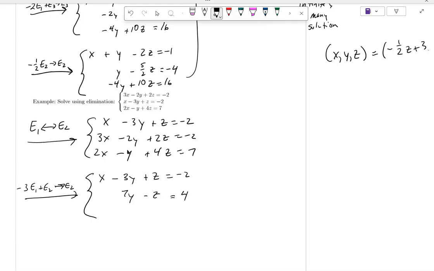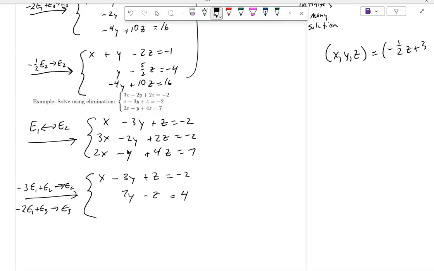Okay? This is going to be important in the next section too, okay? So we're going to do negative 2 times equation 1. And I'm going to do it in the same step here. Negative 2 times equation 1 plus equation 3, replace equation 3. That's certainly going to give me a 0 here.